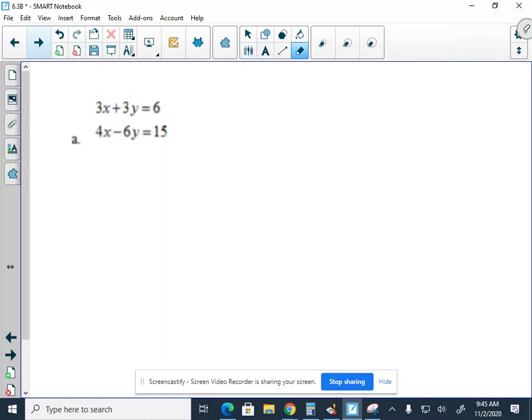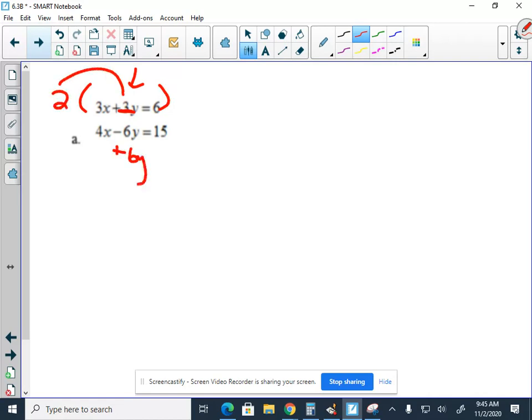Okay, so this step, we have to multiply by something to make a match. Now what I'm going to look at is these two, 3y and 6y. If I were to take this equation times 2, this would become plus 6y, and it'll make the y's disappear. Does that make sense?